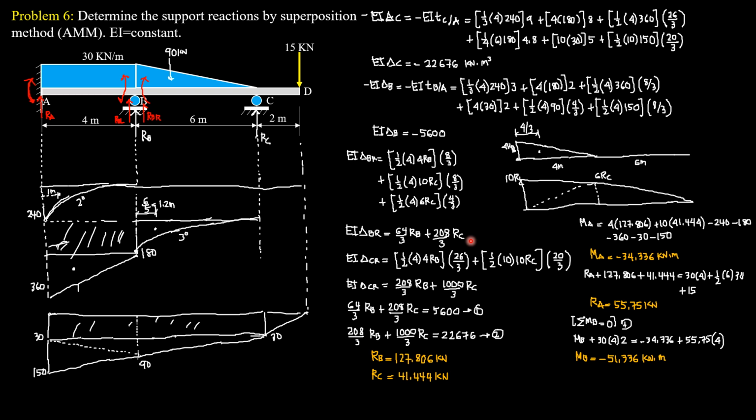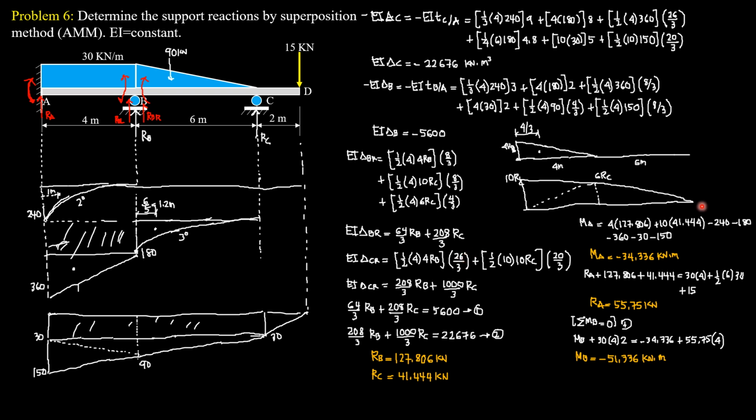Then EI delta C due to the reactions is the moment of areas between A and C with respect to C. Beginning with this area here, 1/2 of 4 times 4 RB, then this distance from C is 10 meters minus 4/3, which is 26/3.